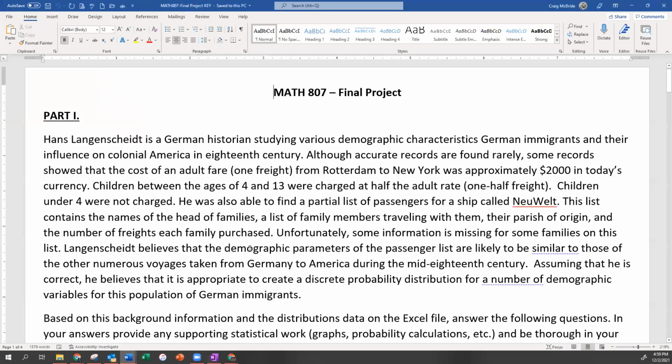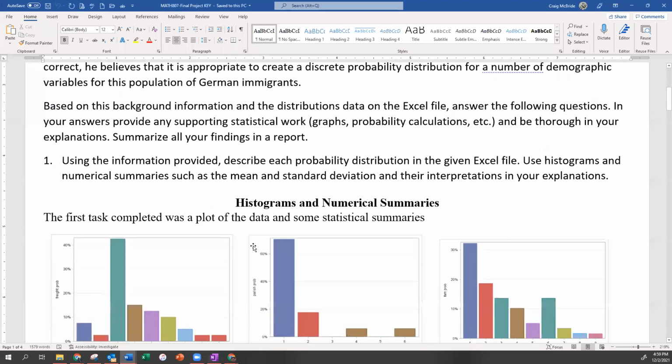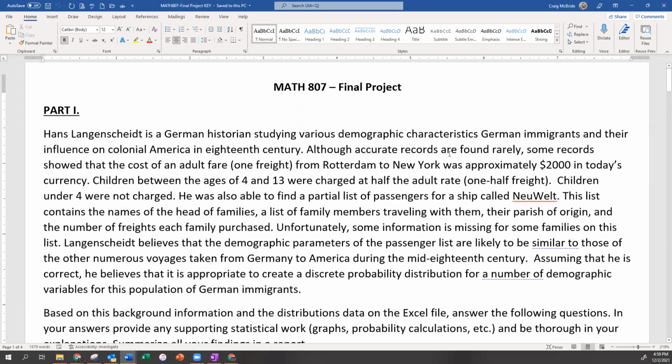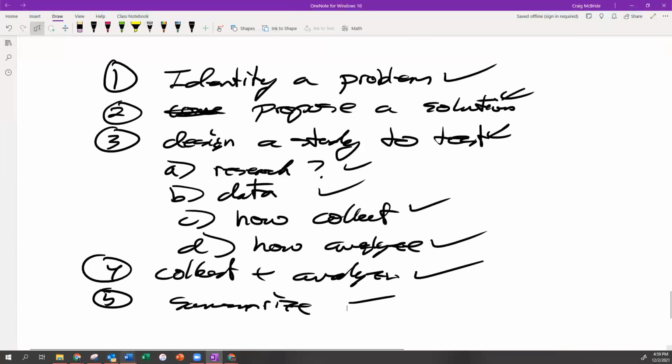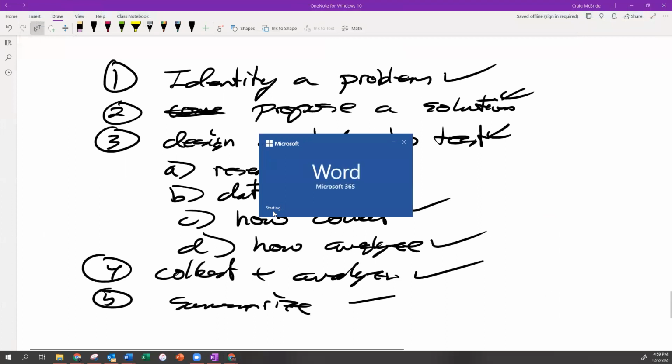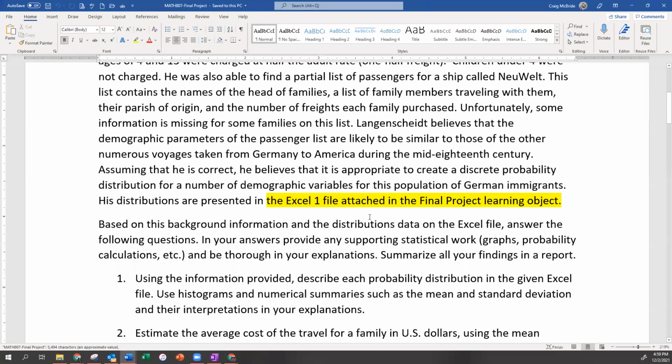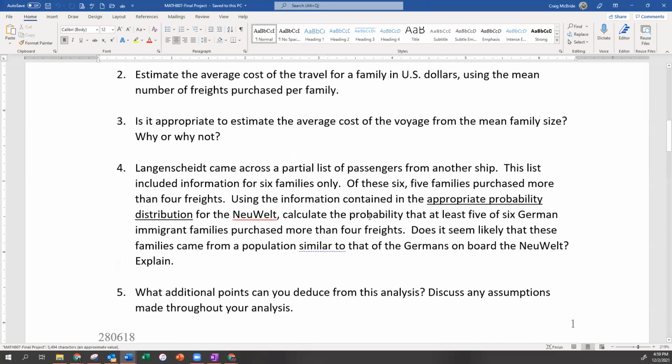I know it's question 4 on the part 1. It's asking, I think what they're trying to determine is whether or not the sample that's selected from this historical log is representative.